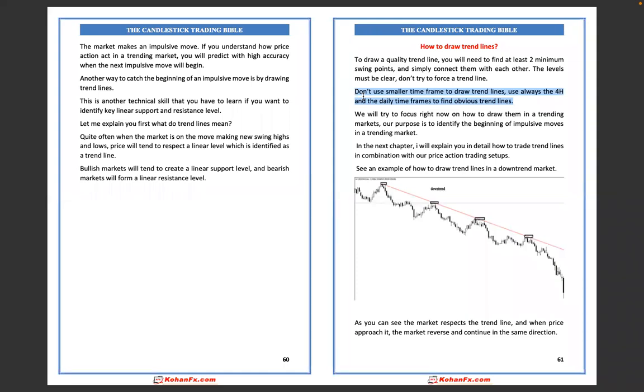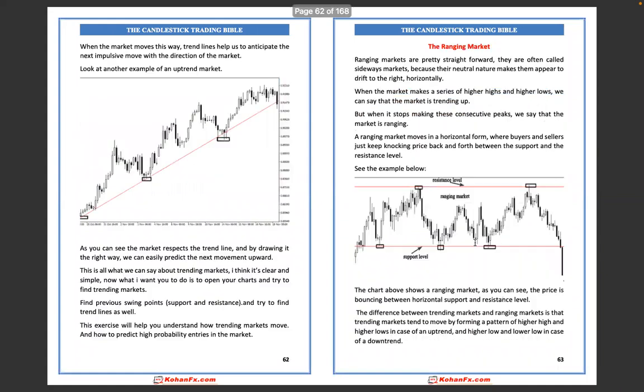In fact, you can modify it to H1, at least it will help you. If you draw trend lines on very low time frames like 15 minutes and 5 minutes, you are just waiting to throw your money away. So be careful with that. To be accurate, you must do this on a higher time frame. That's why the book is saying that.